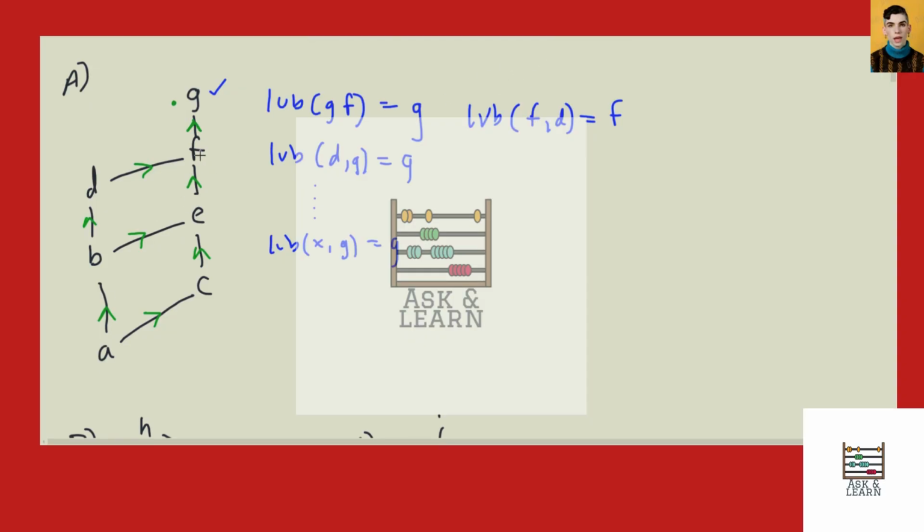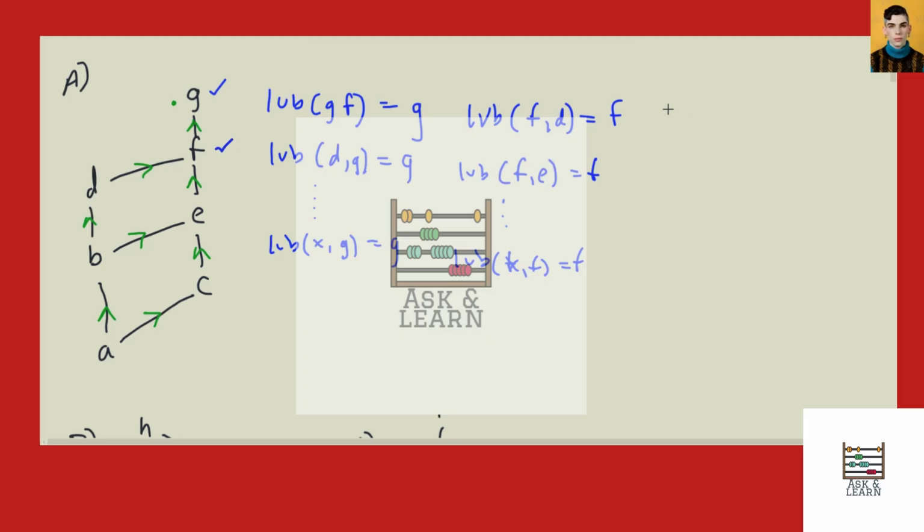And if we did F and E, the lowest upper bound for F and E is also going to be F. So everything with F has that same thing: X with F is just F, as long as X is below F, and G we've already shown over there. All right, so we did both of these.